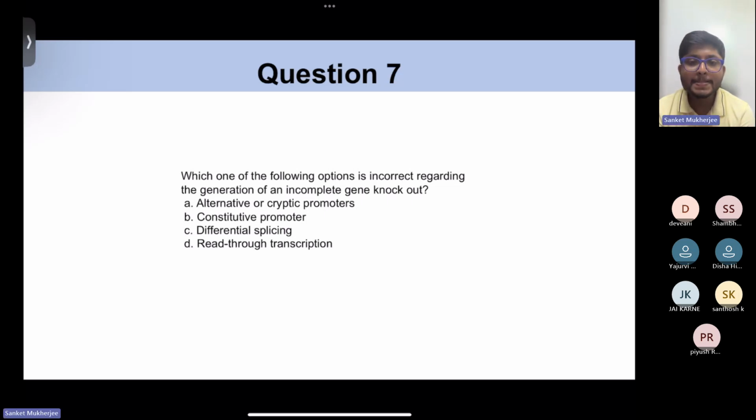Any answers? I'm not sure, but I think differential splicing.